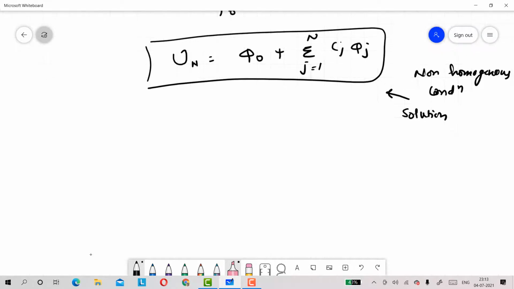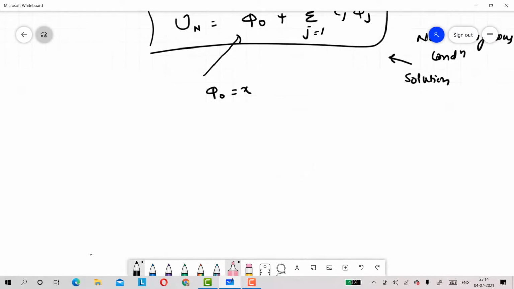So we have found phi naught equals to x. Now we have to find phi j. Phi naught is related to the non-homogeneous condition, and phi j is related to the homogeneous condition.